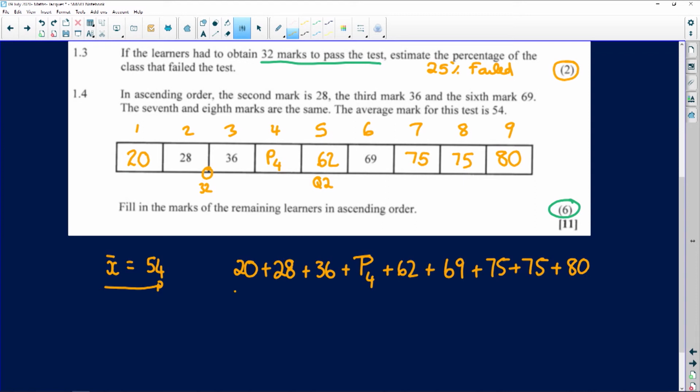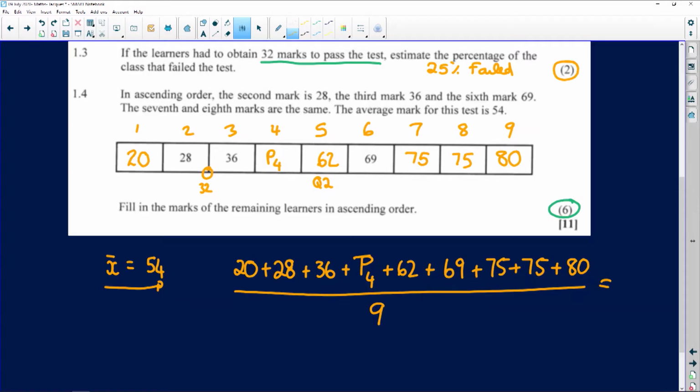And I divide all of that by the 9 data items that I have. And they told me that that value is indeed 54. It was given. So this here is 54.